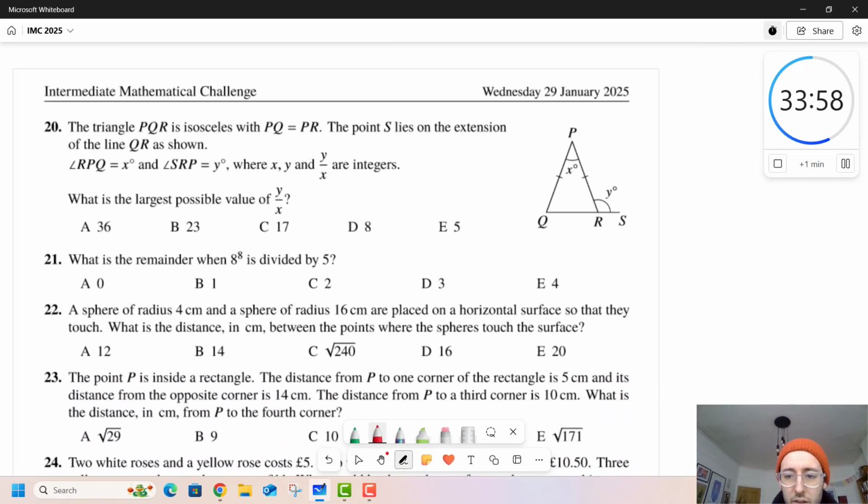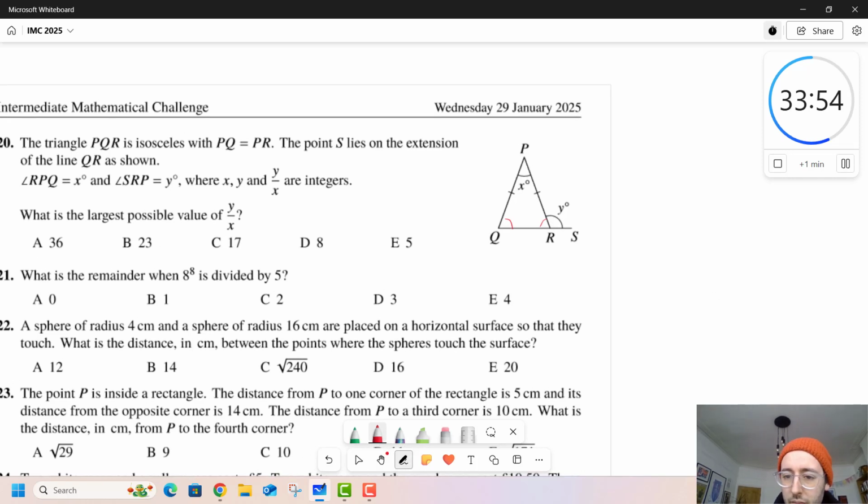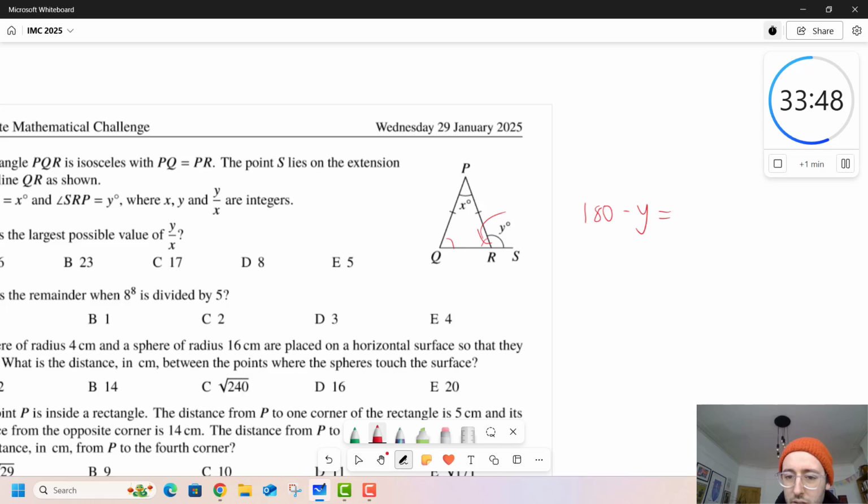The largest value of y over x. Okay, so this angle here is 180 minus y, but that's also the same as 180 minus x over 2. So that means we've got 360 minus 2y equals 180 minus x.